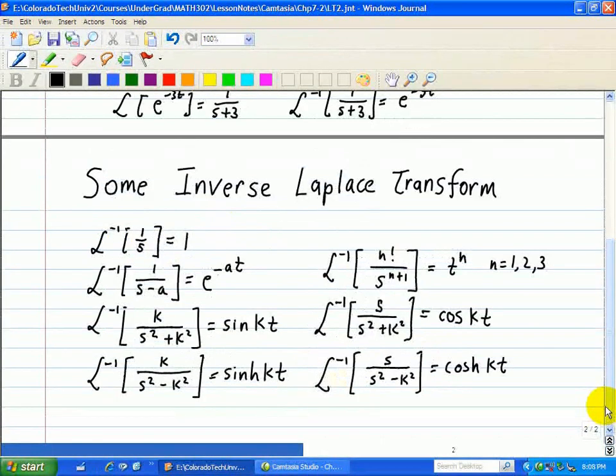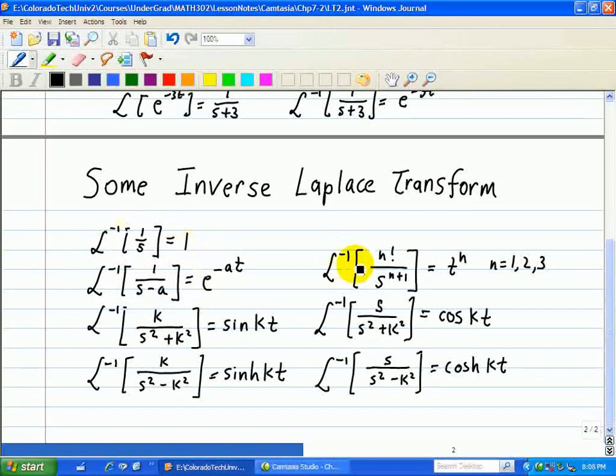Now let's look at some typical inverse Laplace transforms, very similar to what we did earlier with the Laplace transforms. The inverse Laplace transform of 1 over s is equal to 1. The inverse Laplace transform of 1 over s minus a is equal to e to the at, or simply exponential.